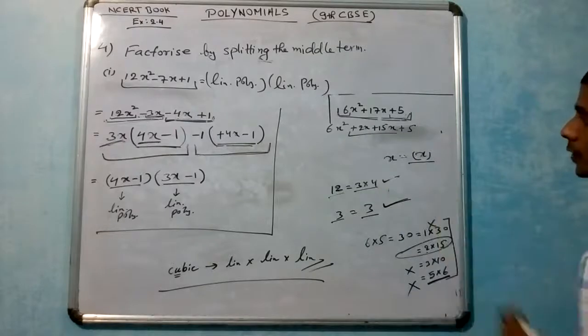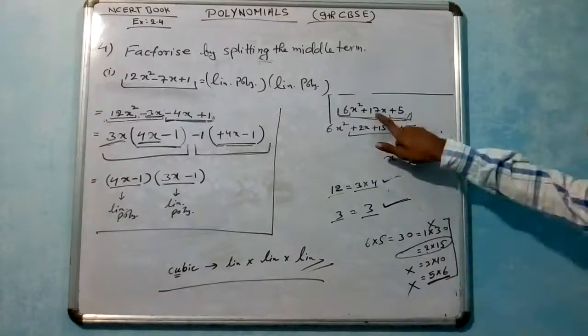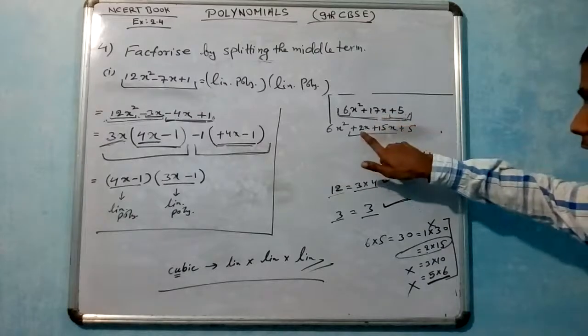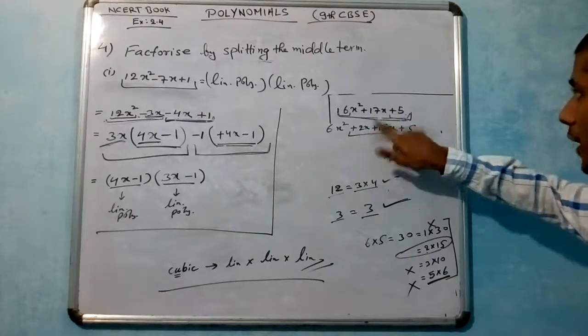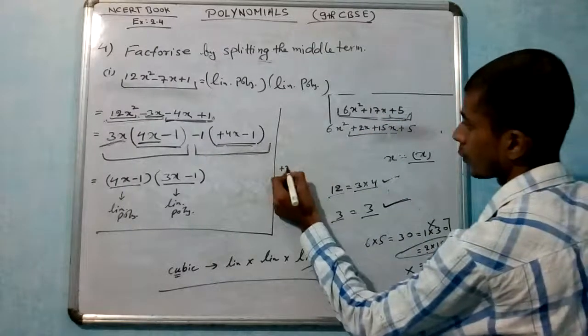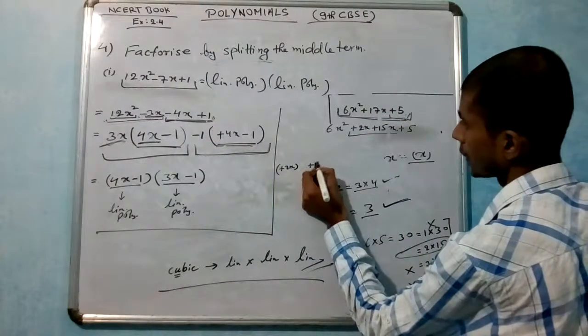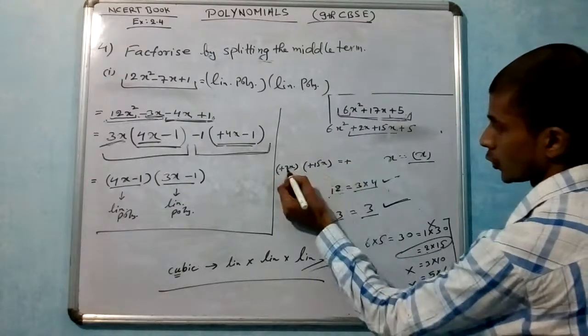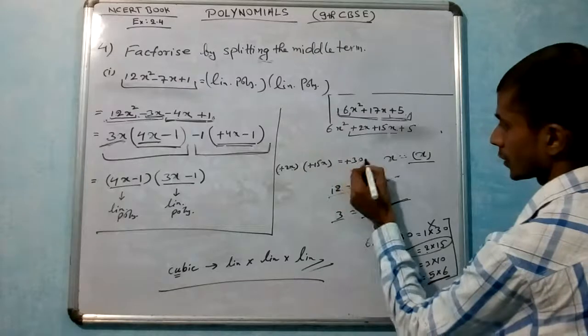See here. What I told, the middle term must be split in two terms such that their addition or subtraction must be equal to this, and the product of plus 2x and plus 15x, how much? Plus into plus, 2 into 15, 30, and x into x, x square.